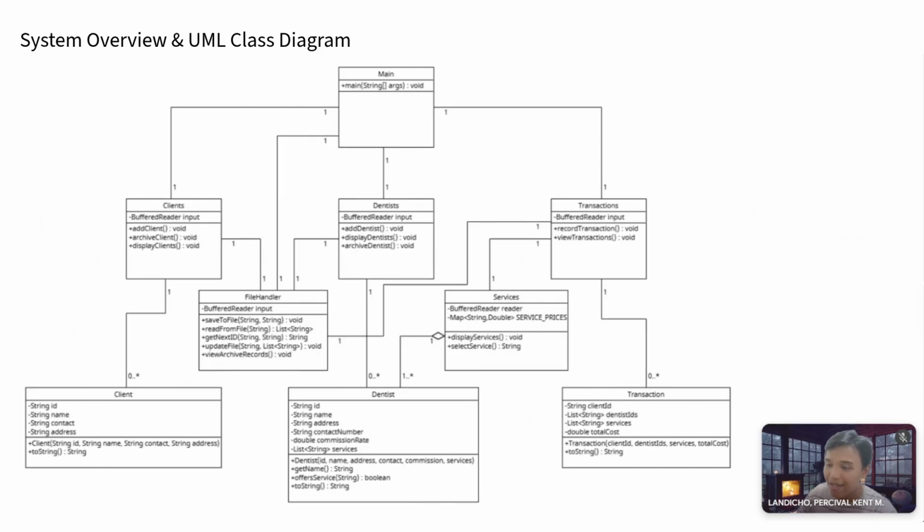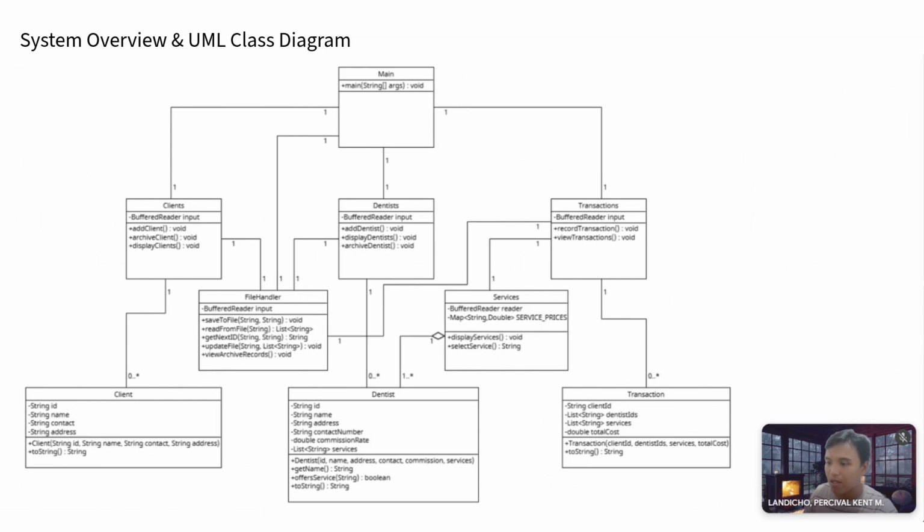Next is the dentist class. It contains 6 private attributes: ID, name, address, and contact number as string, commission rate as a double, and services as a list of string representing the dental services the dentist offers. The constructor accepts all 6 values.